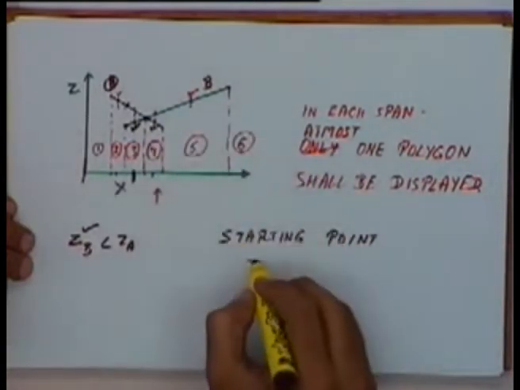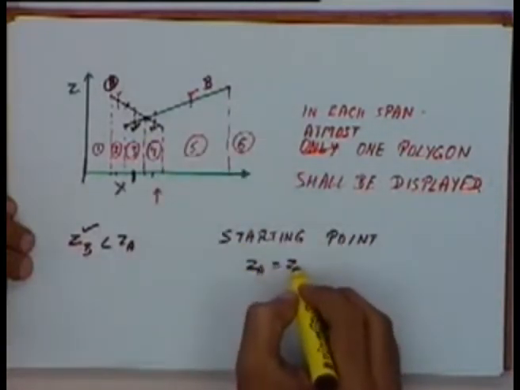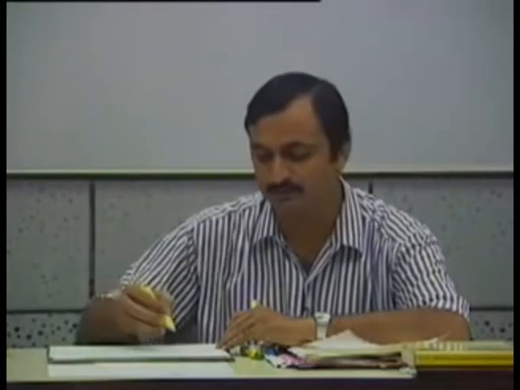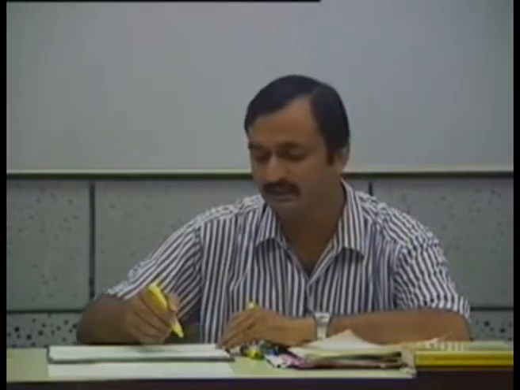Therefore ZA will be equal to ZB. So how do you decide which is closer? You cannot. If you are looking at the end point, then the same confusion will be there for span 3. Just to cut down this confusion, you can uniformly decide that you look at the midpoint.